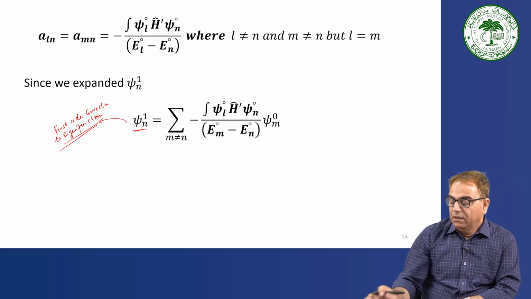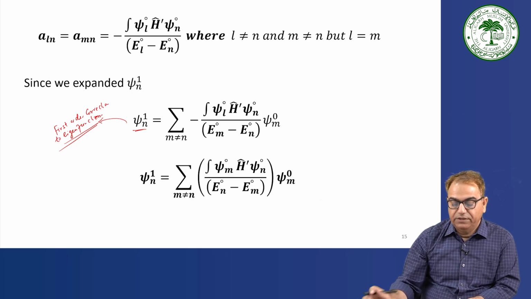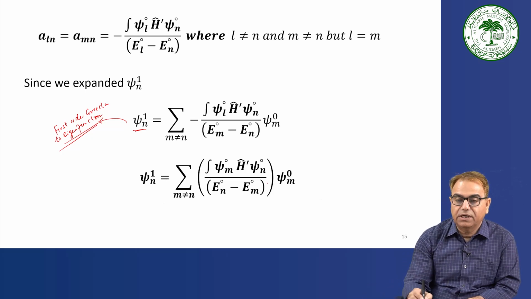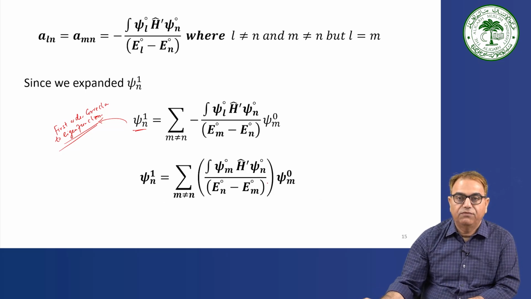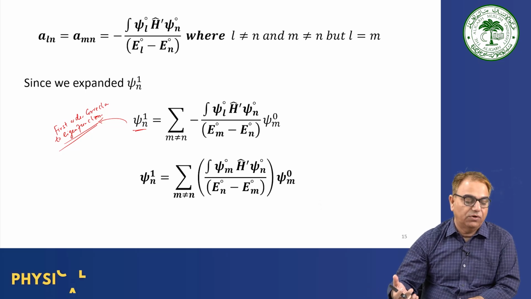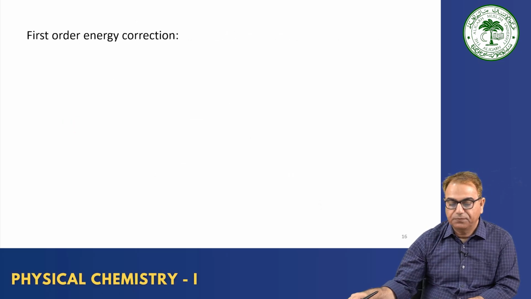Now we can write it this way. This is your formula for the first order correction to the wave function. First order perturbation we did both for the energy and for the wave function. So the first order correction to energy is this one.